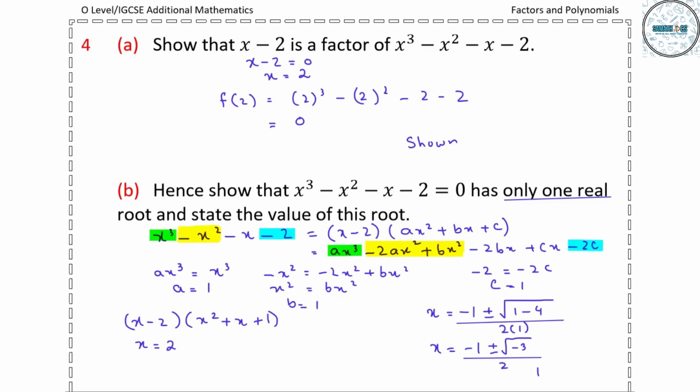It means x is equal to 2 is the only real root.